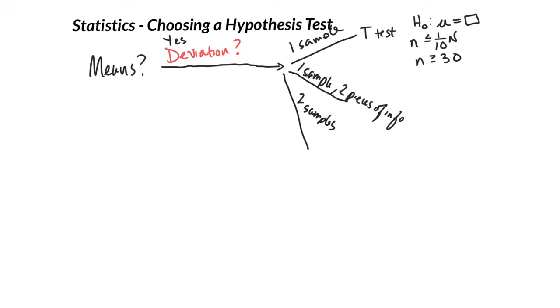All right, if we have one sample but we have two pieces of information, for example, we took a group of people and we took their blood pressure and then we had them take some blood pressure medication and took their blood pressure again. We had one sample, but we collected two pieces of information from each person in our experiment, a before and an after.